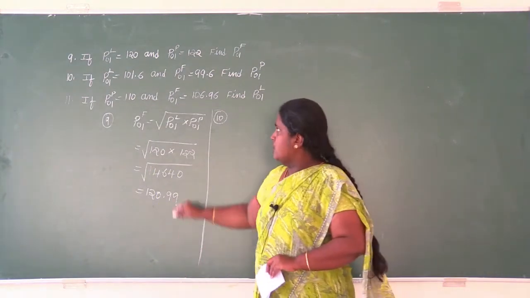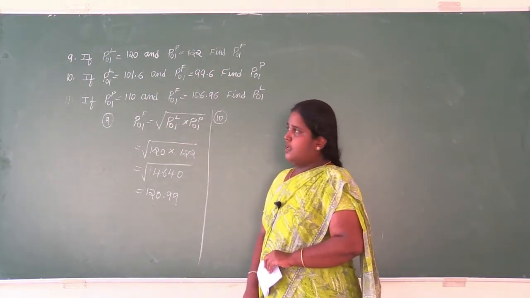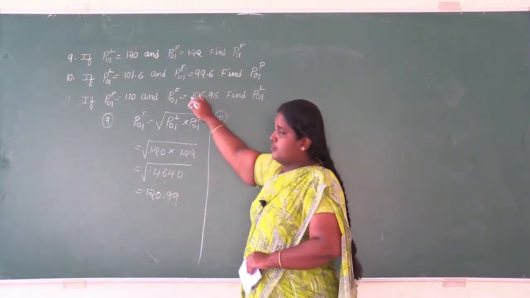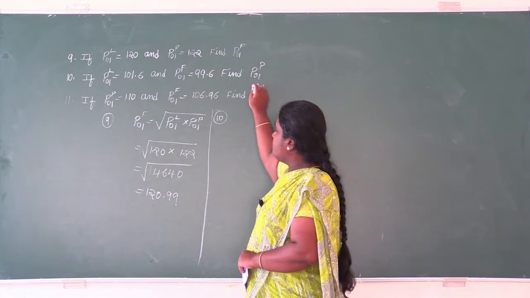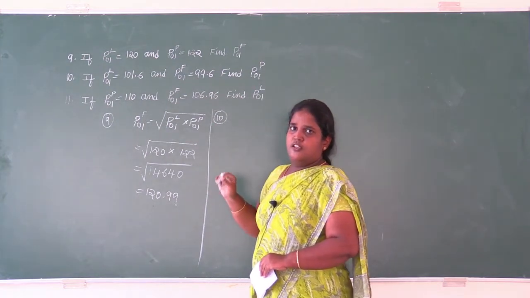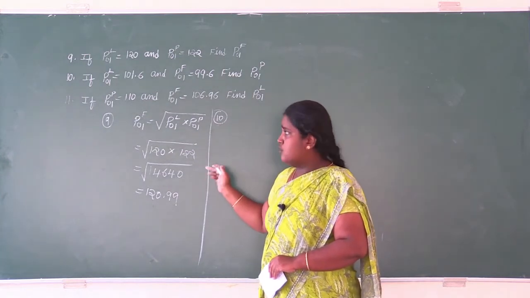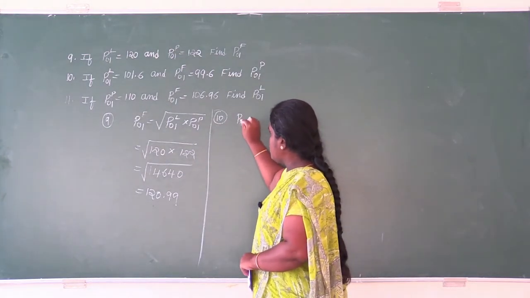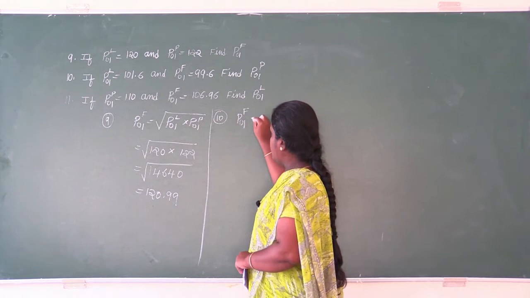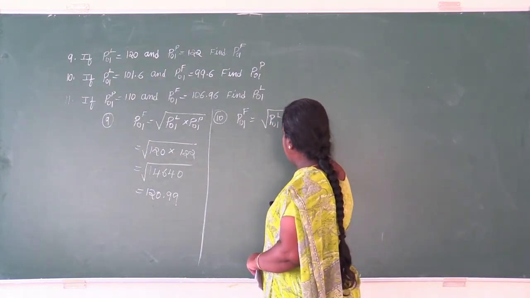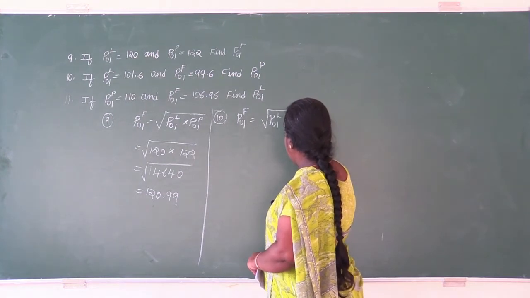So in the next one, they have given P01L 101.6 and P01F 99.6. Find P01P. So again here they are using Laspeyres, Paasche and Fisher. So the same formula should be used. So P01F equals square root of P01L into P01P.